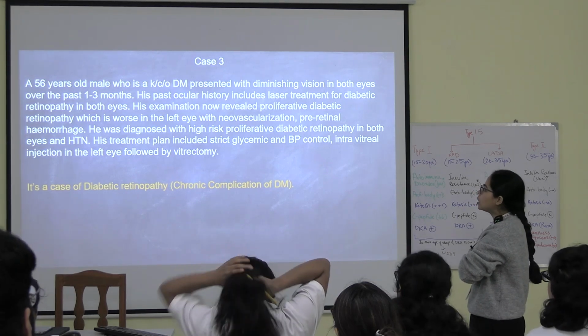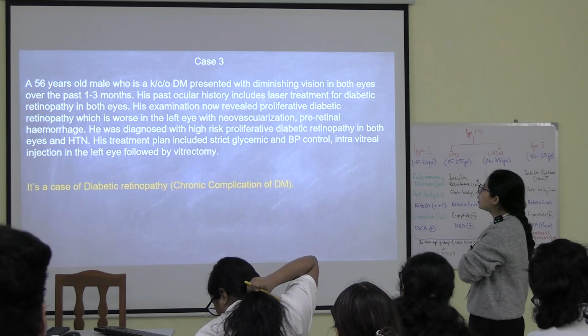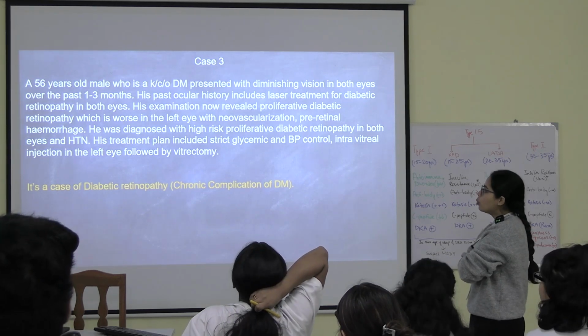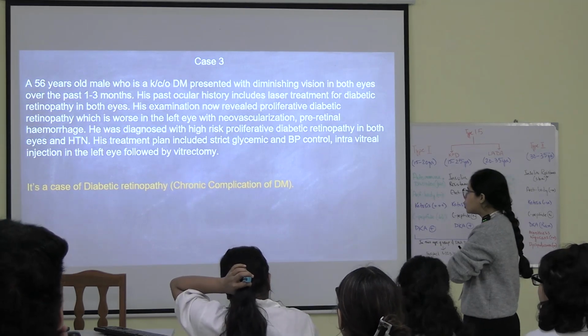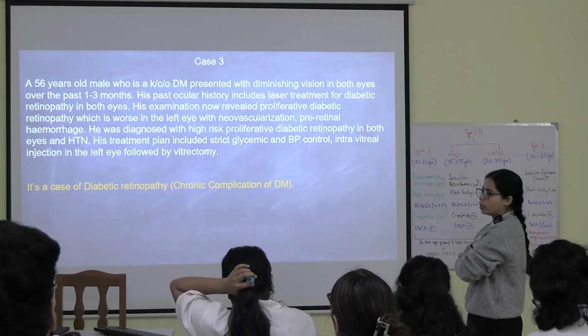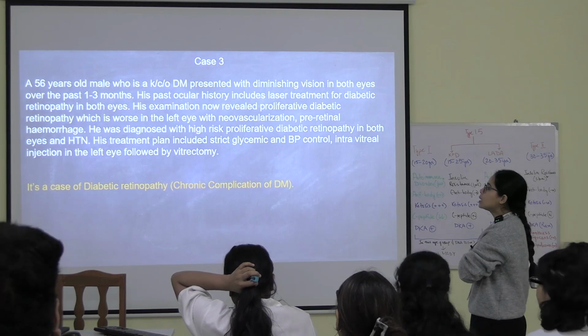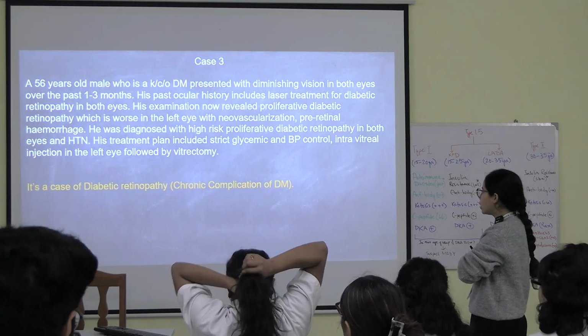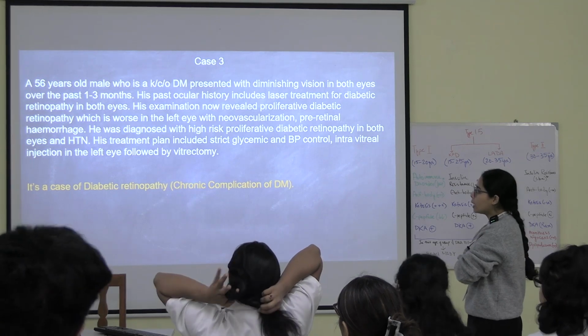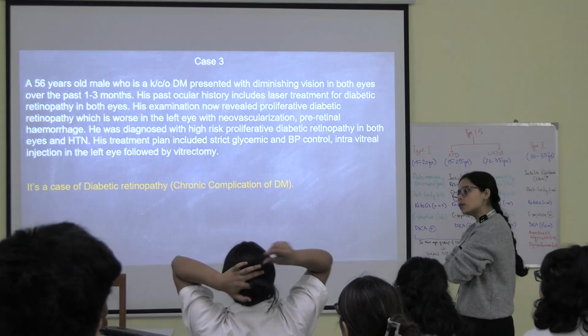His examination now revealed proliferative diabetic retinopathy, which is worse in the left eye with neovascularization, pre-retinal hemorrhage. Okay, he was diagnosed with high risk proliferative diabetic retinopathy in both eyes and hypertension. So the diagnosis is already given.